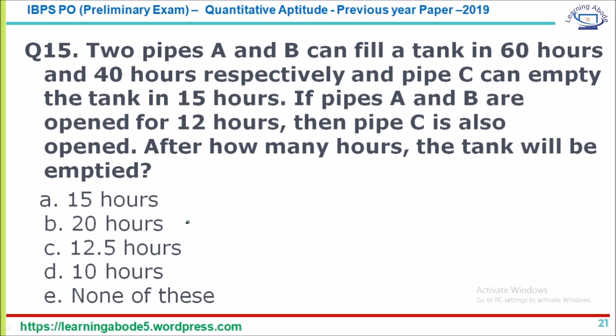Usually the question is how many hours the tank will be filled. That means it's productive work, a positive work. Now the question here is emptied, so it will be a negative value. Now you know the rate of work method.